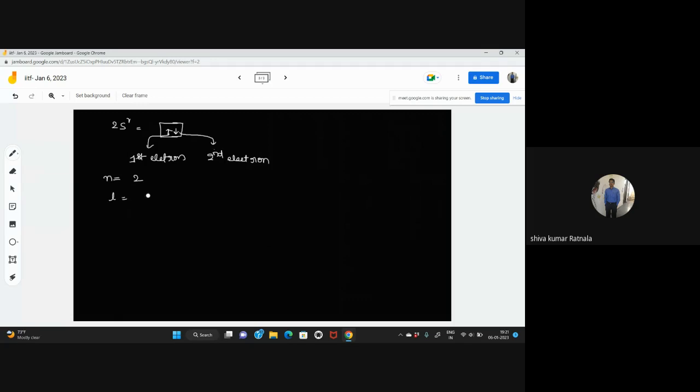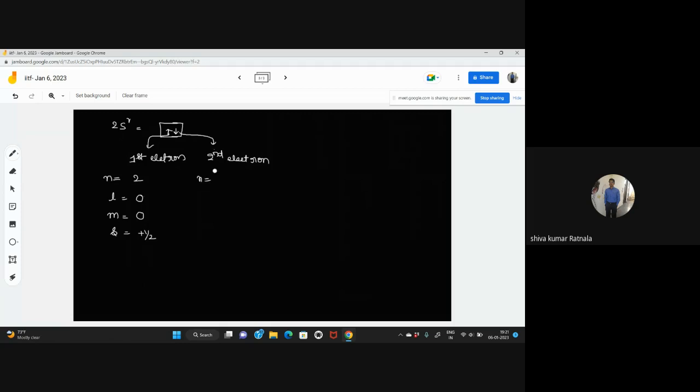For an s orbital, the l value is 0. And what is the m value? If l equals 0, the m value will also be 0. And the s value will be plus half.